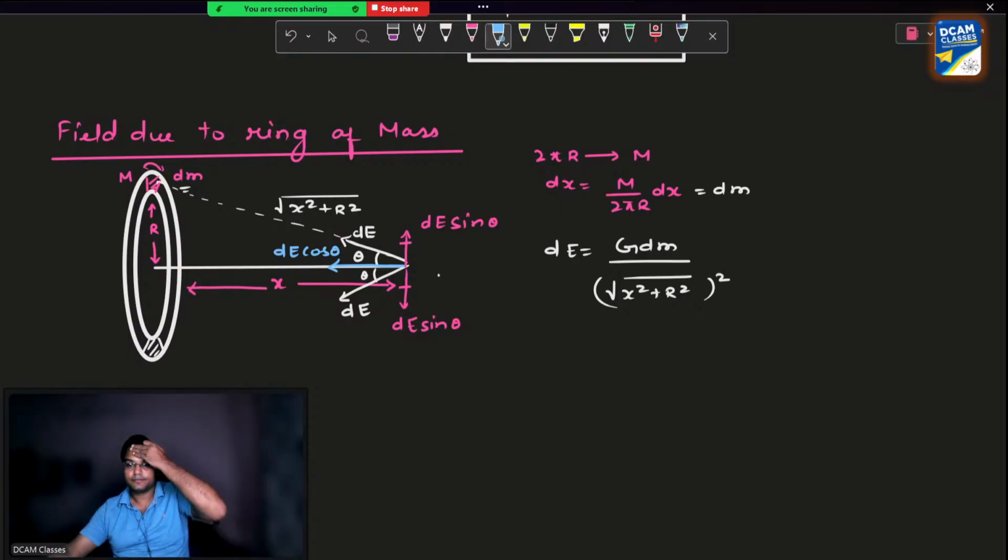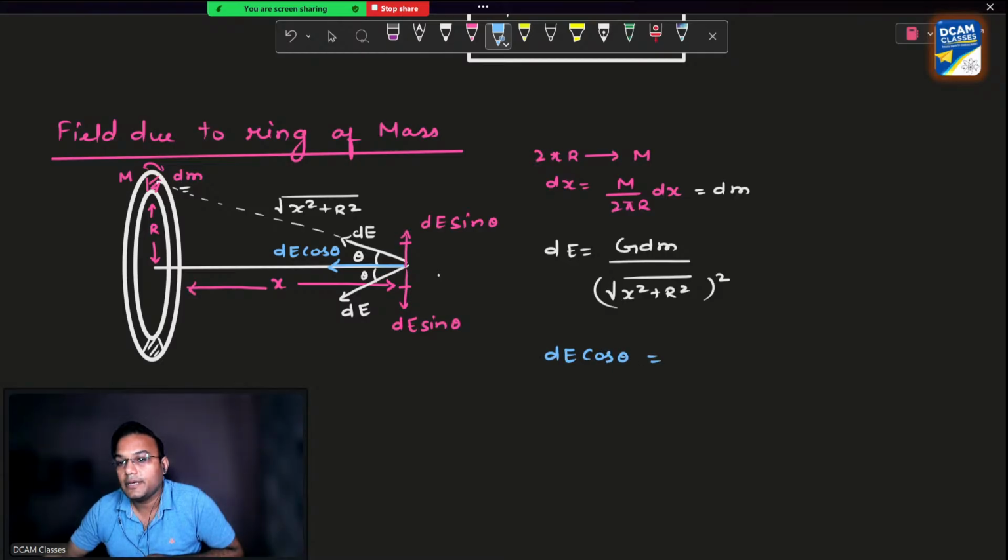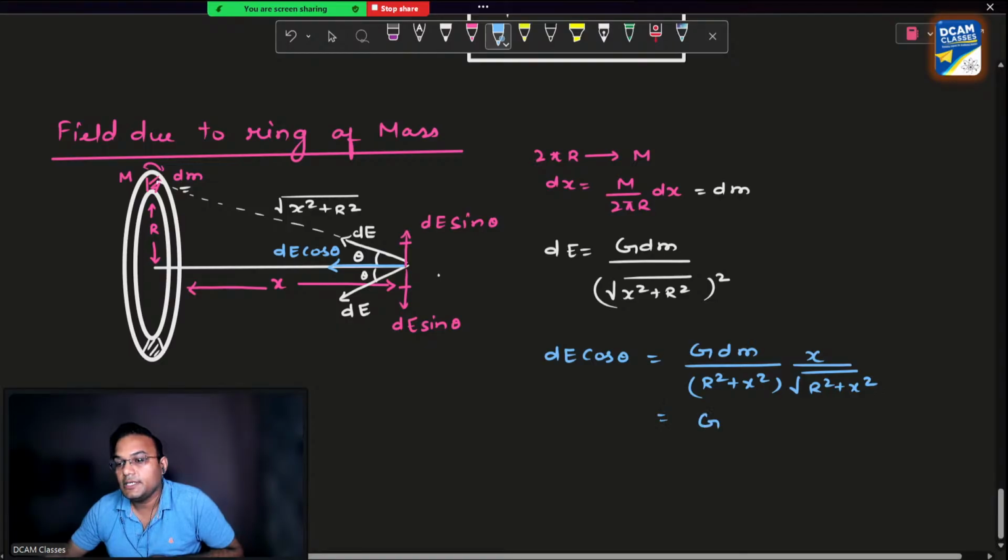Correct? Yes, sir. So we'll do dE cos theta for this dm, which will be g dm by r square plus x square. Cos theta is what? x by root over r square plus x square. So it will be g dm into x by r square plus x square whole power 3 by 2.